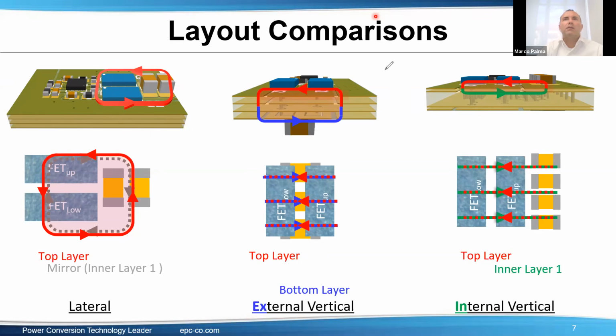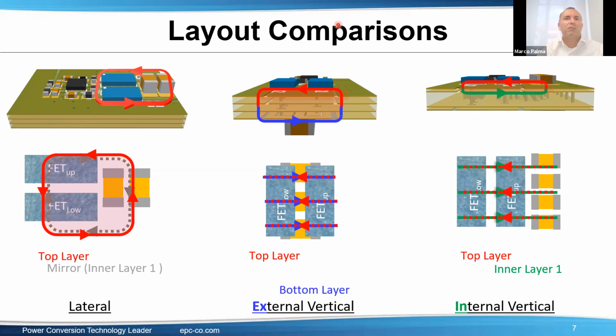Okay, yes, there's actually no counter effect. It can be done also on the same layer. If you do it in the return, you may reduce the inductance a little bit.